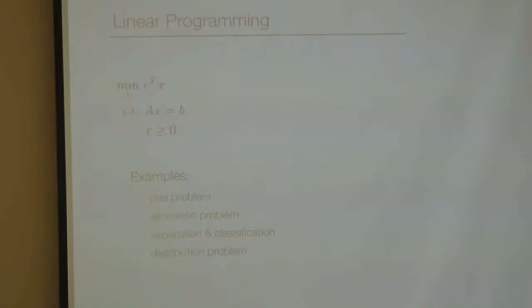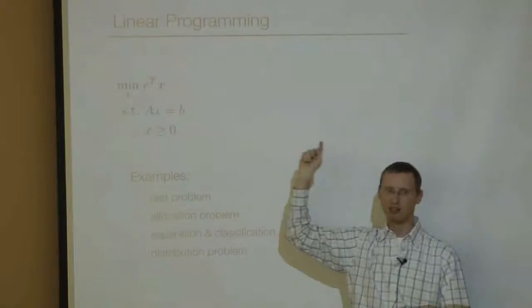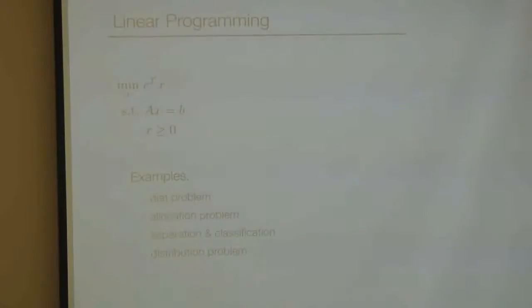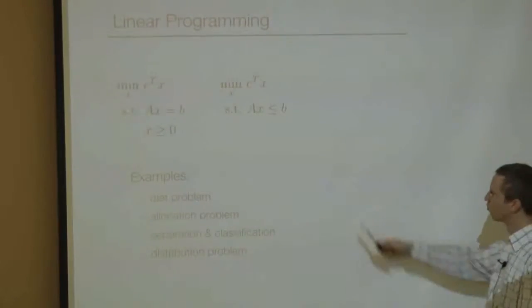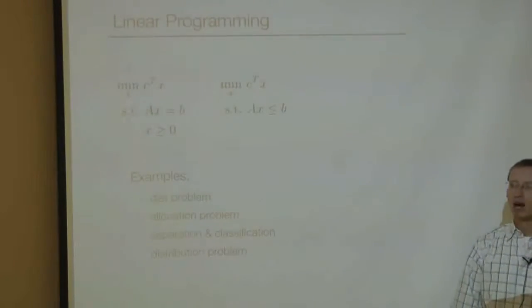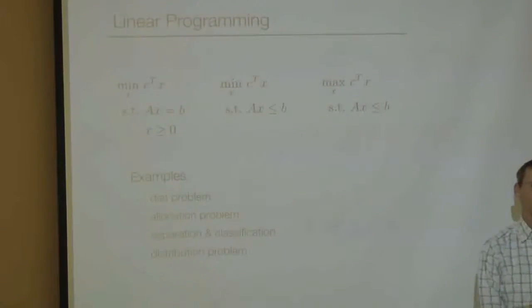So that's one possible formulation of linear programming: minimize a linear function subject to linear equality and inequality constraints. Sometimes, however, we don't have equality constraints. We only have inequality constraints. Then we could also formulate linear programming in this form here. We might not need to minimize, but instead we would like to maximize some objective function.